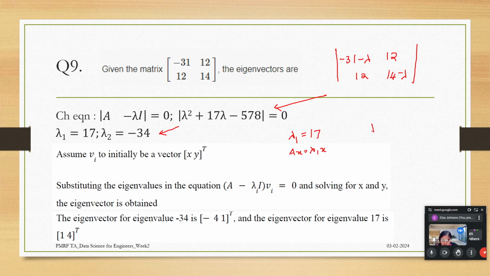Then we have to put lambda 2 equal to minus 34 and solve for Ax equal to lambda 2 into x. So solving this, we will get the eigenvector for eigenvalue minus 34 as minus 4, 1 and the eigenvector for eigenvalue 17 as 1, 4. You can take a moment to see if the answers are coming.